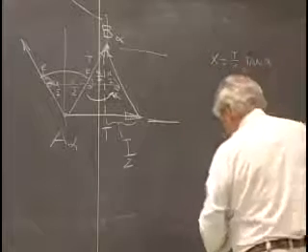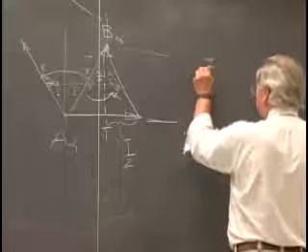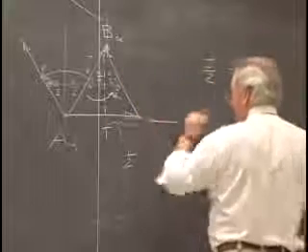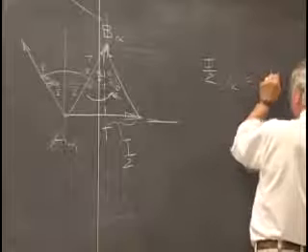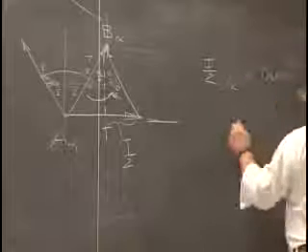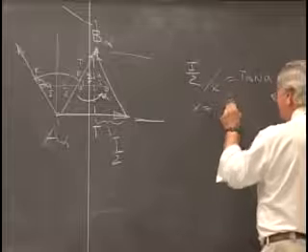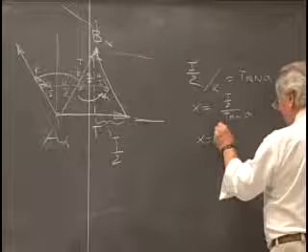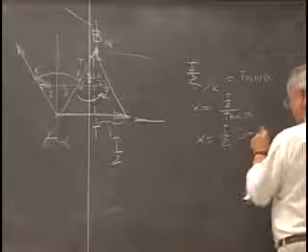I'm sorry, I got this garbled. T over 2 over x is equal to the tangent of alpha over 2. That's what I wanted to do. So if I solve for x, that distance x is t over 2 over the tangent of alpha over 2, and I can write that as t over 2 times the cotangent of alpha over 2.